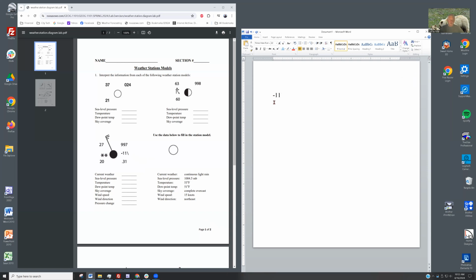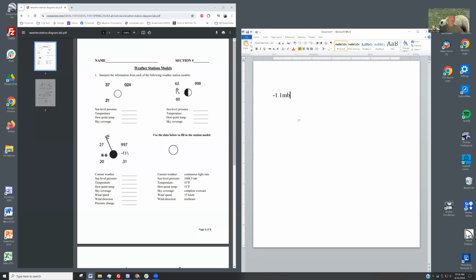Let's just look at the -1, 1. Typically, we have 1 or 2 digits here, and so the first thing we do is put a decimal point in, and then we have a sign. So in this particular case, 1, 1 would be coded to mean the barometric pressure has decreased by 1.1 millibars in the past 3 hours.